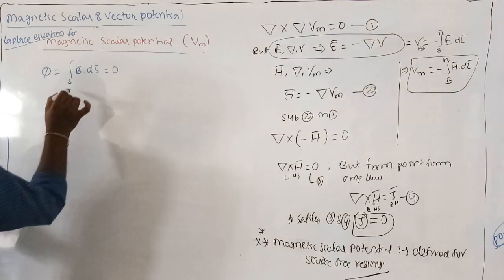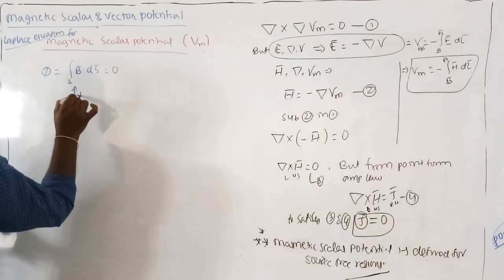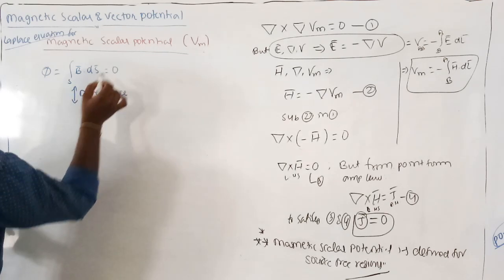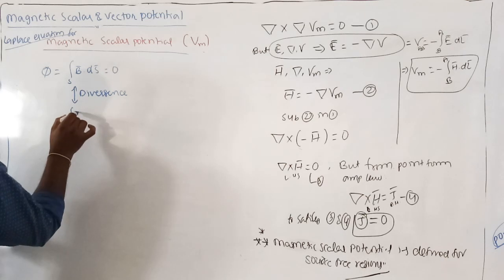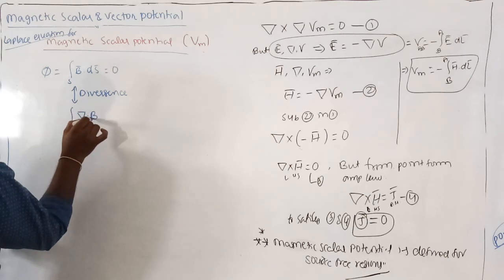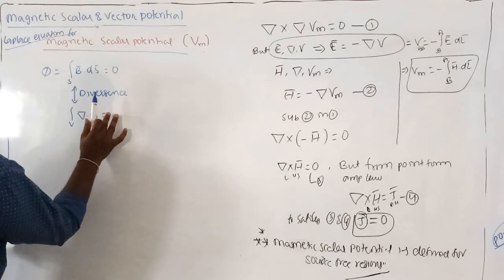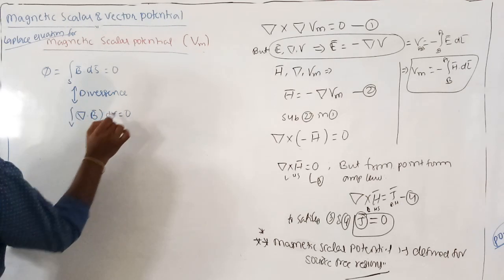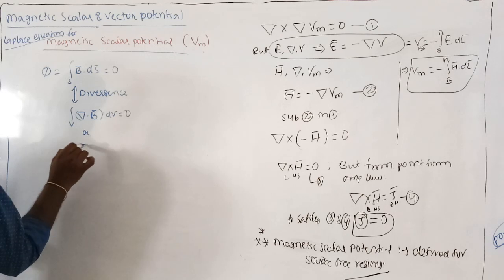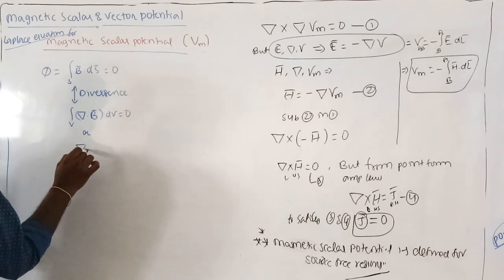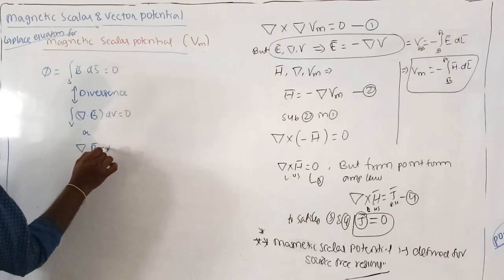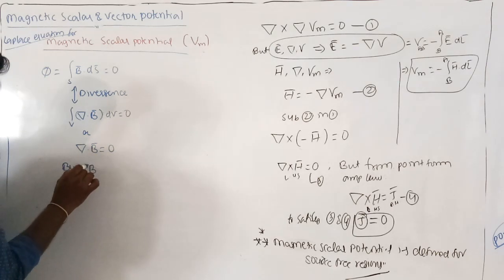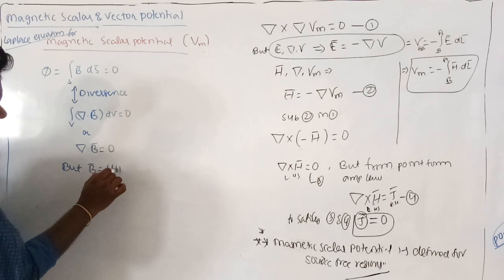Okay. Now if you apply the divergence theorem to the above equation, you will get the volume integration of del dot B bar equals 0. If you take the integration on both sides, you will get del dot B bar equals 0. But B bar is equal to mu times H bar.